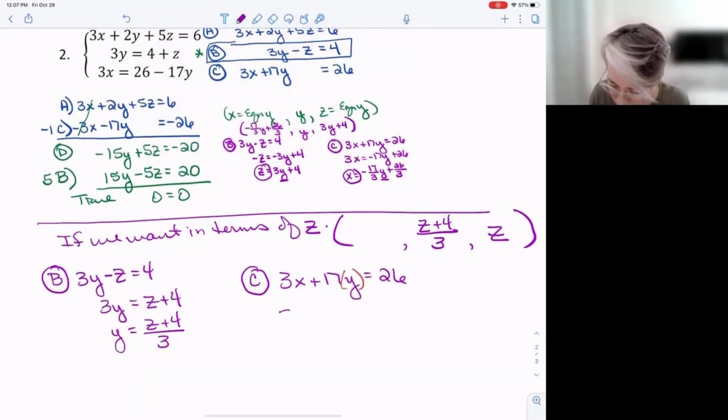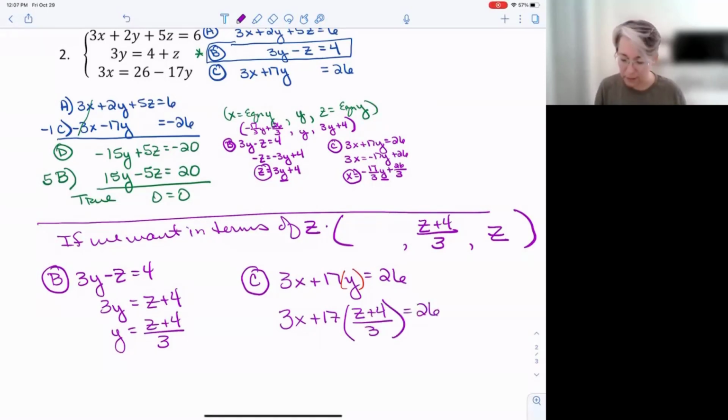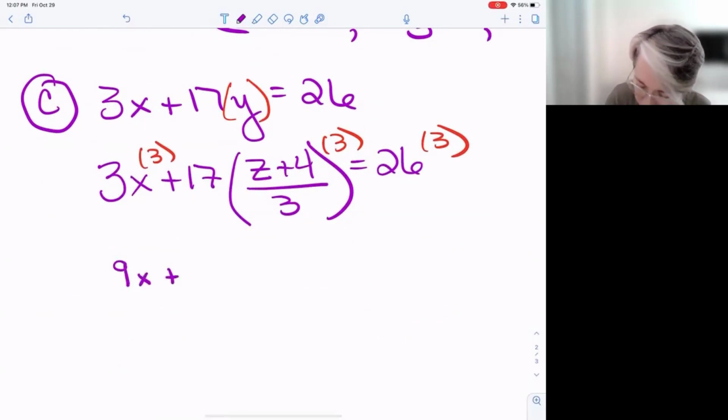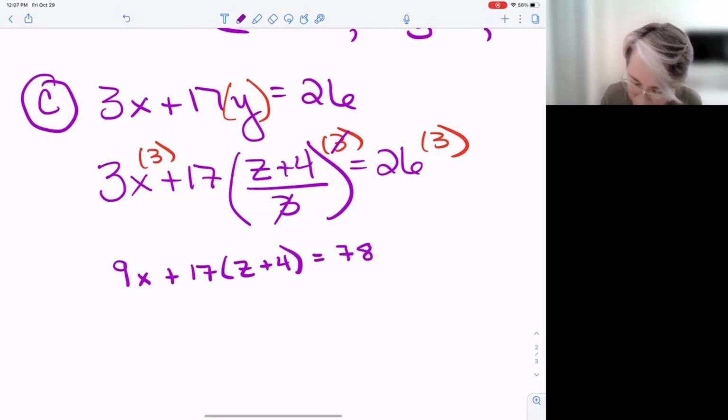So that would give us 3x plus 17 times z plus 4 all over 3 equals 26. Let's go ahead and multiply every term by 3 to get rid of that denominator. And we would get 9x plus 17 times z plus 4 equals 78. Let's distribute.